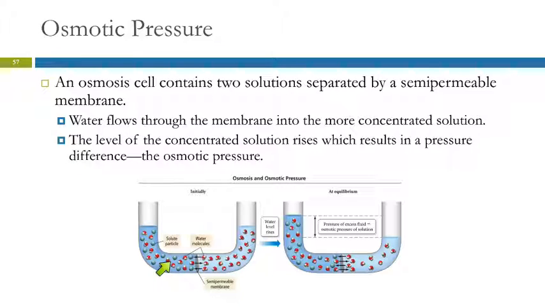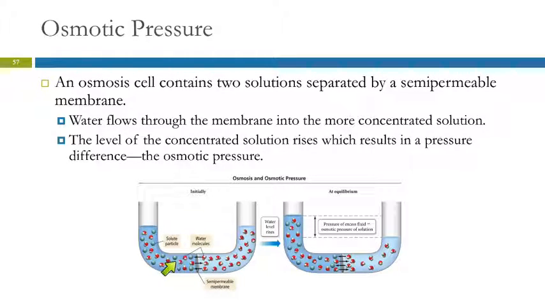When it moves into the more concentrated solution, well, let me back up a little bit. The rate of it going through is going to depend on how many water molecules are at that surface, roughly. And so here it's all water molecules, so they're going to go through.